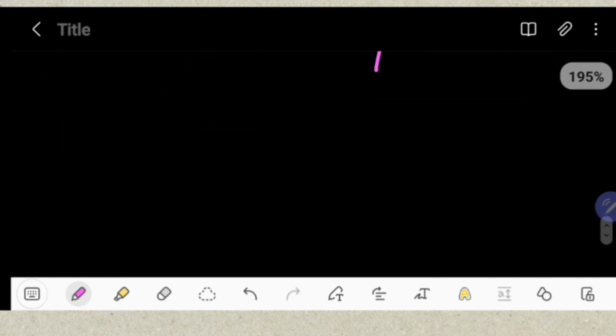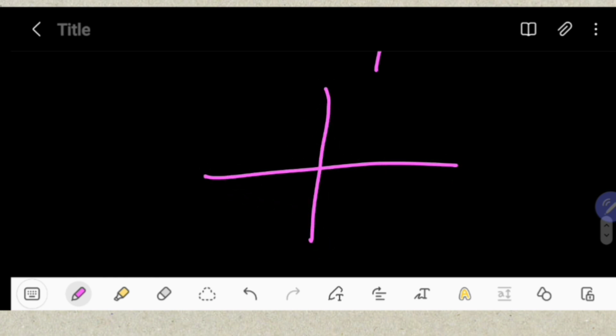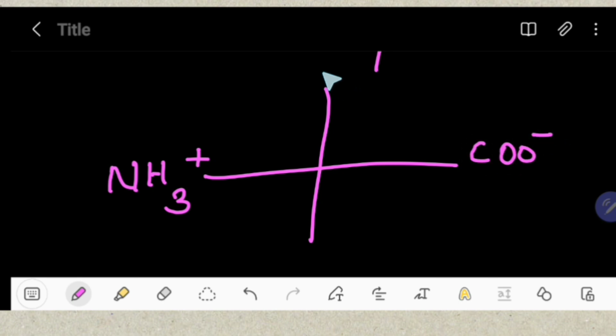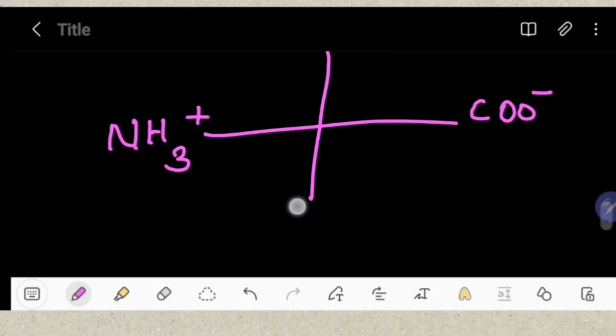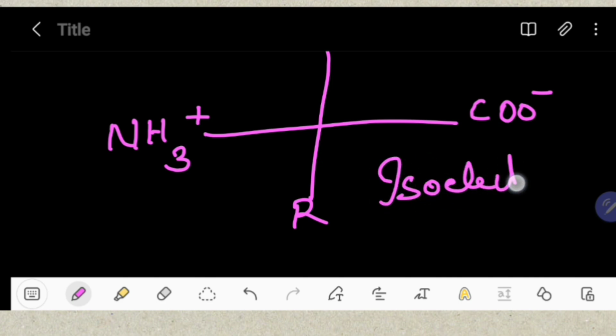Now zwitterionic form means NH3 plus, COO minus, H and R. In an isoelectric medium, this shows this nature. It means both NH2 and COOH are ionized.